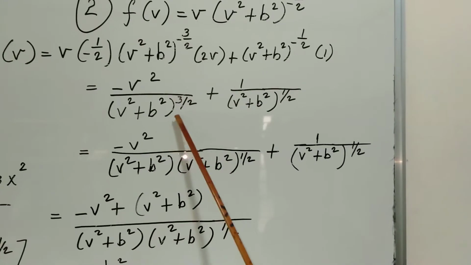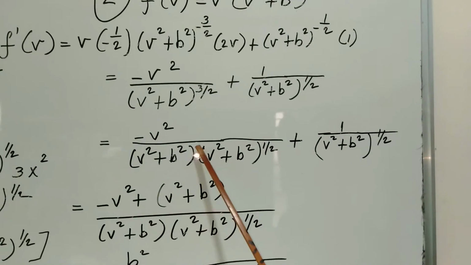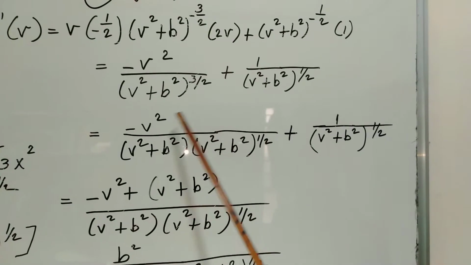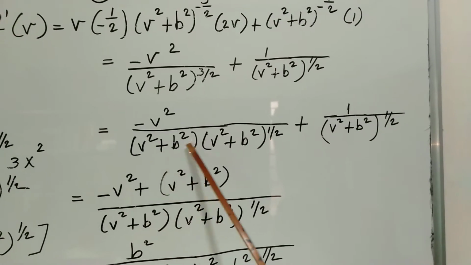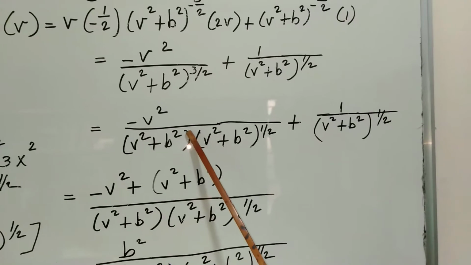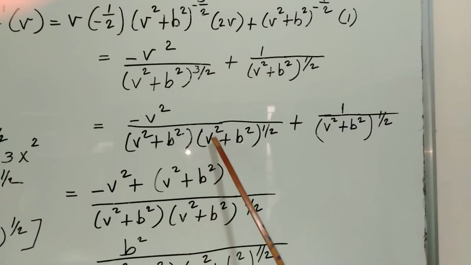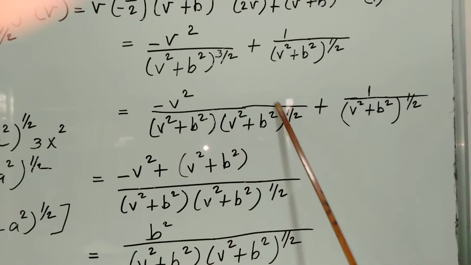So, we split this, no? So that we can see clearly what's happening in the denominator. So, splitting this, negative b squared times, no? The positive 1 exponent, b squared plus b squared raised to 1, times b squared plus b squared raised to 1 half, no?